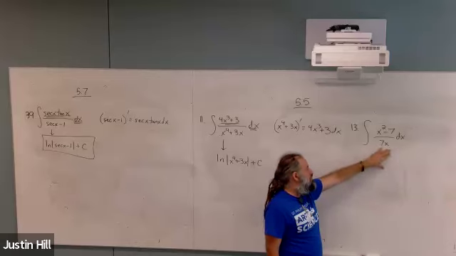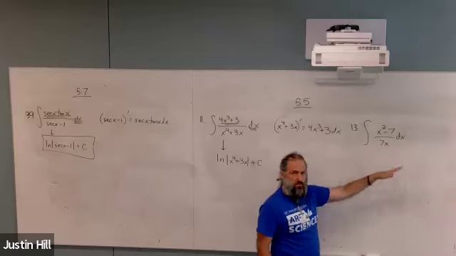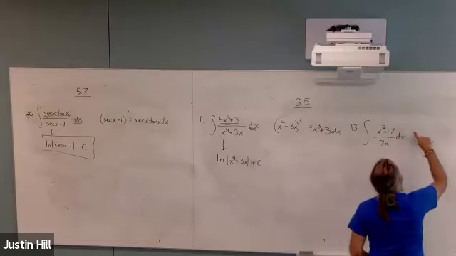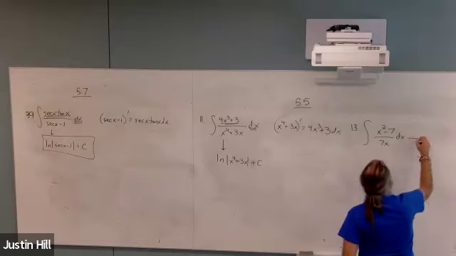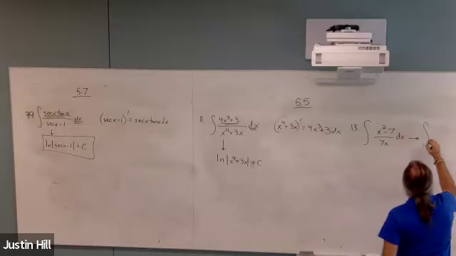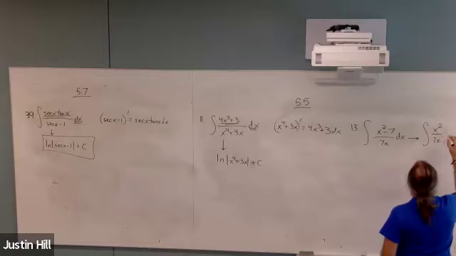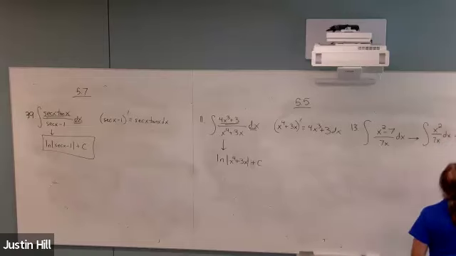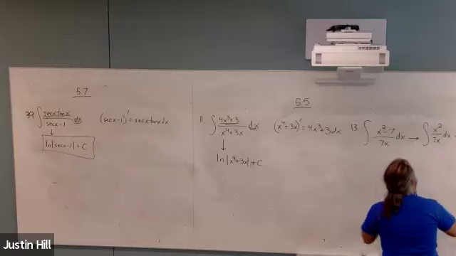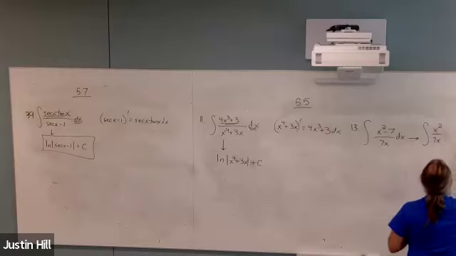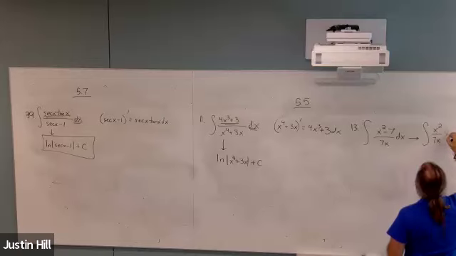As long as I have one term on the bottom, I can break this into 2 separate fractions. Let's see if that's helpful. So we're going to break this into the integral of x squared over 7x dx minus 7 over 7x dx.